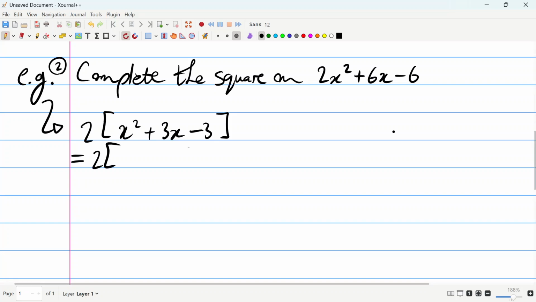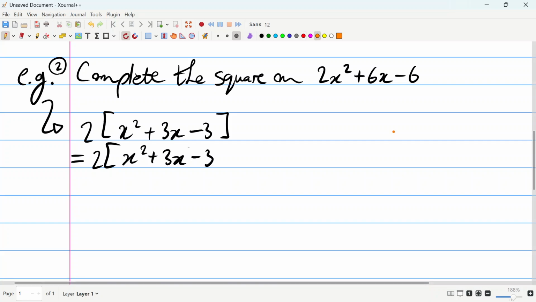So it'll be 2 multiplied by x squared plus 3x minus 3. And then we're going to do the plus b over 2 squared, where the b value is 3, right? So it's going to be 3 over 2 squared minus 3 over 2 squared. Okay, then we close the bracket over here. So we've done it inside.